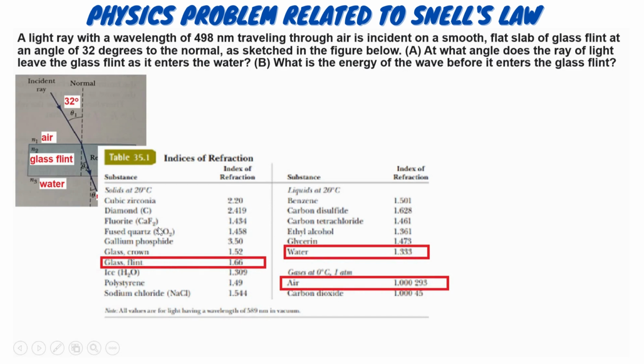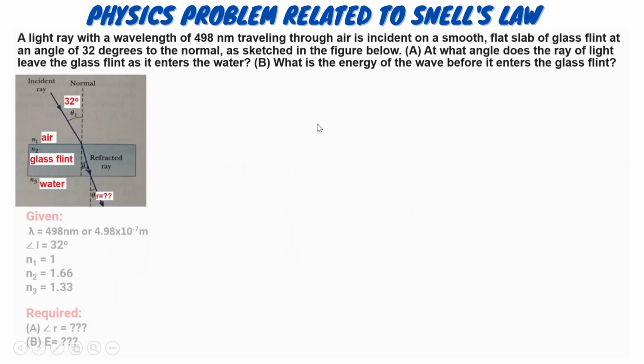For the glass plane, we have 1.66 index of refraction. For water, we have 1.333. For air, we have 1. So, this will be the final given in the problem.